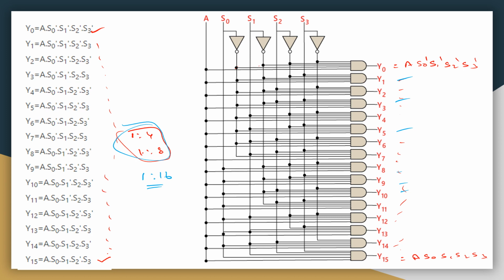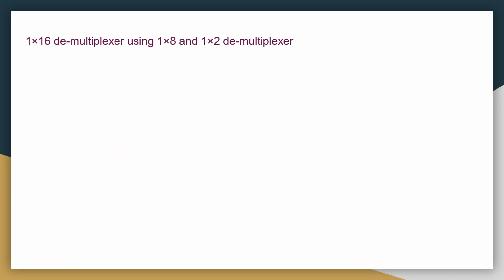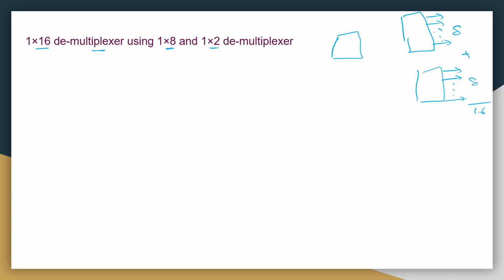Later we can go for the 1 is to 16 demultiplexer design by using 1 is to 8 and 1 is to 2. Like in your earlier manner, at starting here 1 is to 2, here 1 is to 8, here 1 is to 8. So here 8 plus 8, total is 16.